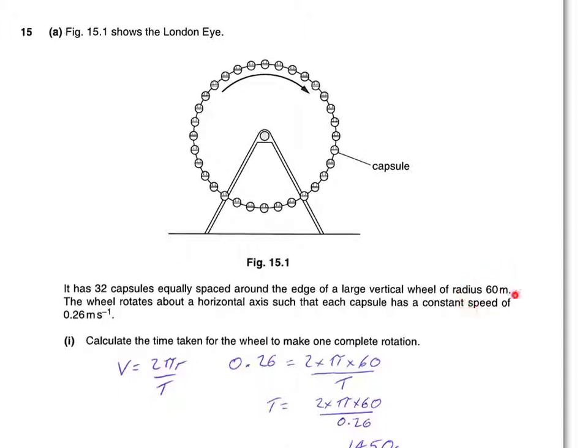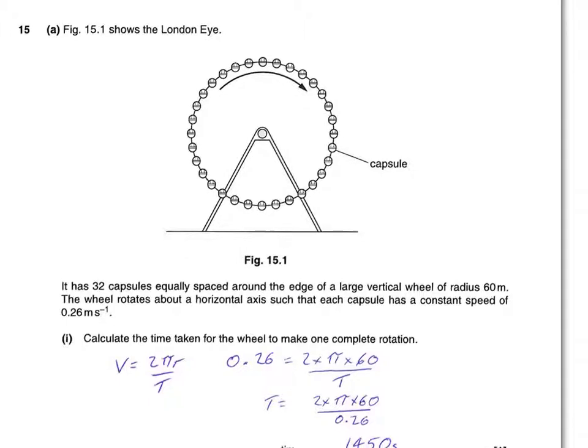We're given the radius of the London Eye, and we're given the speed at which each capsule is moving around the circle. And we want to find the time for the wheel to make one complete rotation.